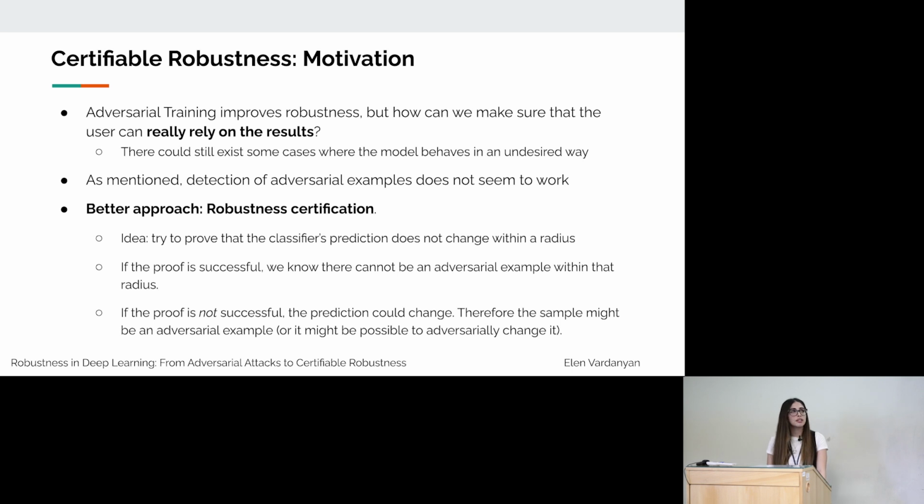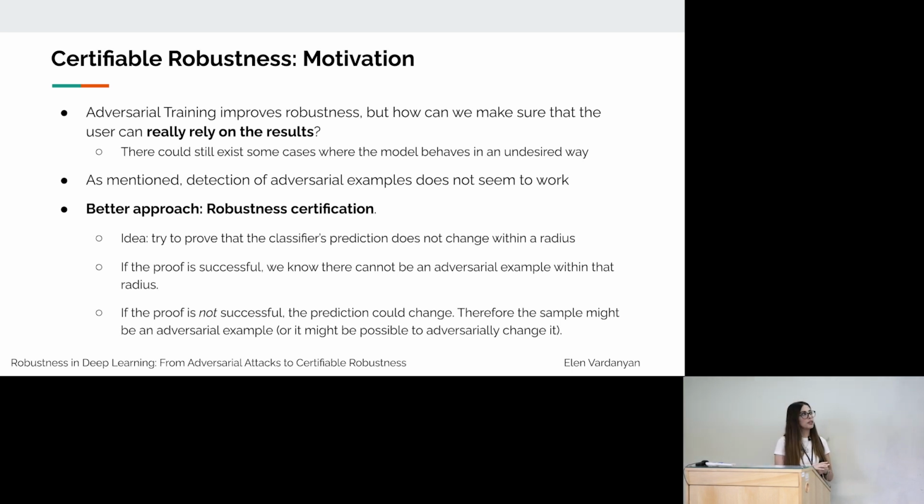As I already mentioned, detection of these adversarial examples does not seem to work, and a better approach would be robustness certification, the main idea of which is to try to prove that the classifier's prediction does not change within a radius for a specific sample.